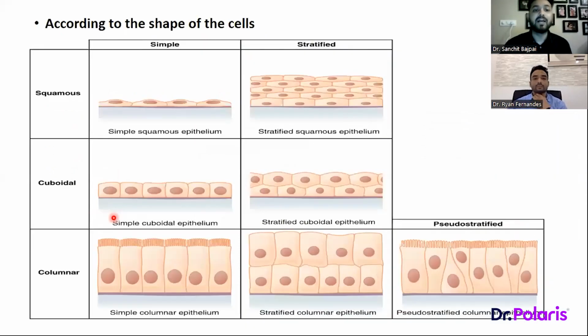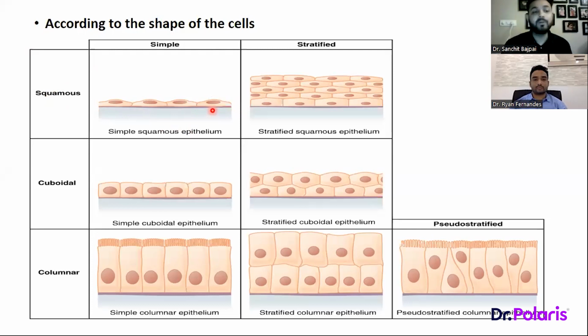Okay, now comes the basis of their shape. This is the third classification of epithelium. On the basis of shape, they are divided into three major types: squamous, cuboidal, and columnar. Now, what do you mean by this? Squamous, a Greek word, means flat. So if you see that all of these cells are flat or flattened, they lie on the surface and they are flat.